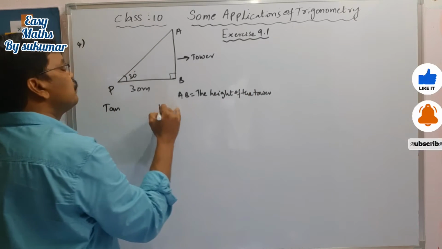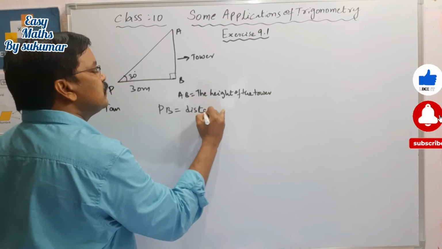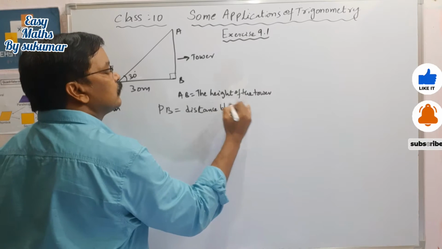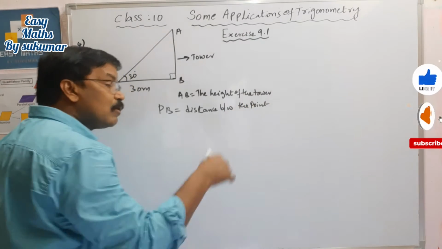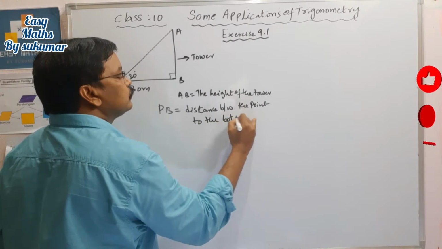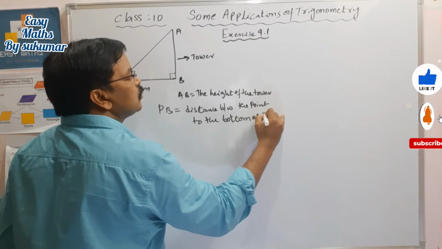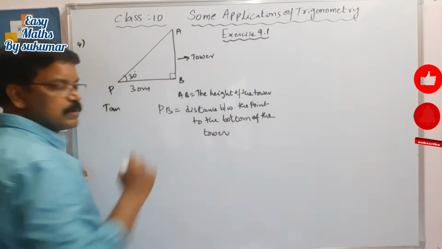What is PB? PB is equal to the distance from the point on the ground to the bottom of the tower. That is PB.